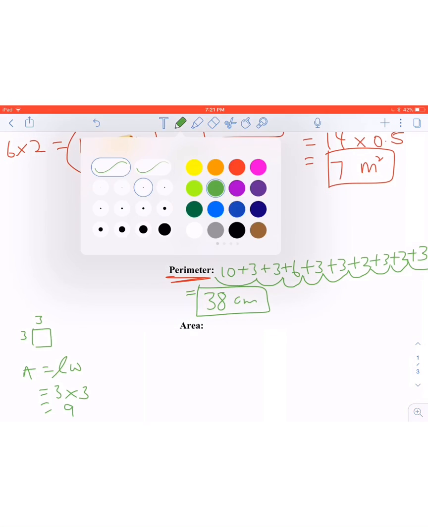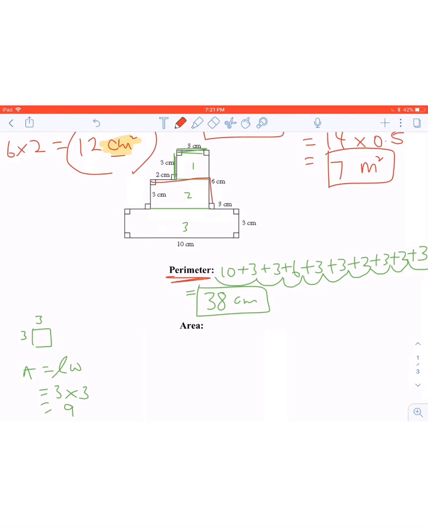The second one right here is 2 plus 3, so it'll be 5. We got 3 from here, and then we have 3. So 5 by 3. Area is equal to length times width, 3 times 5, which is equal to 15.